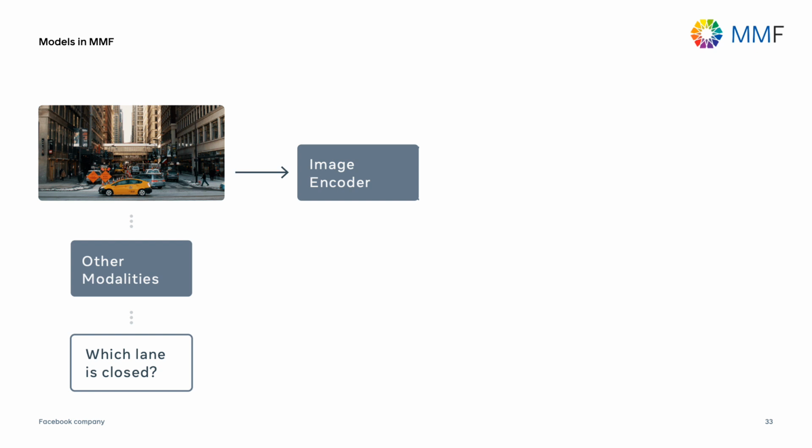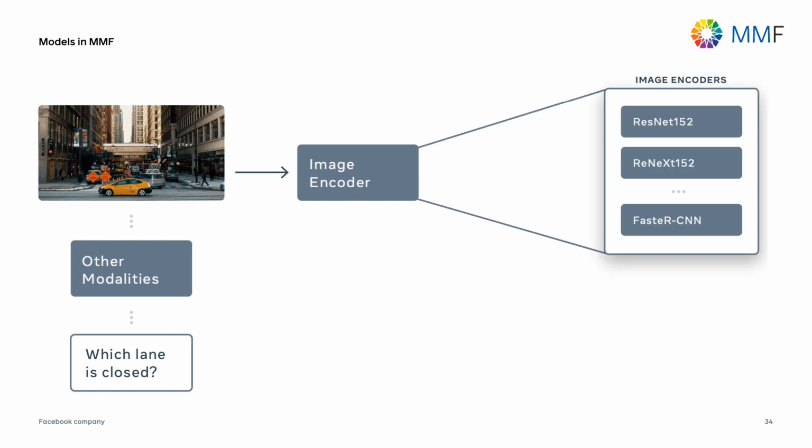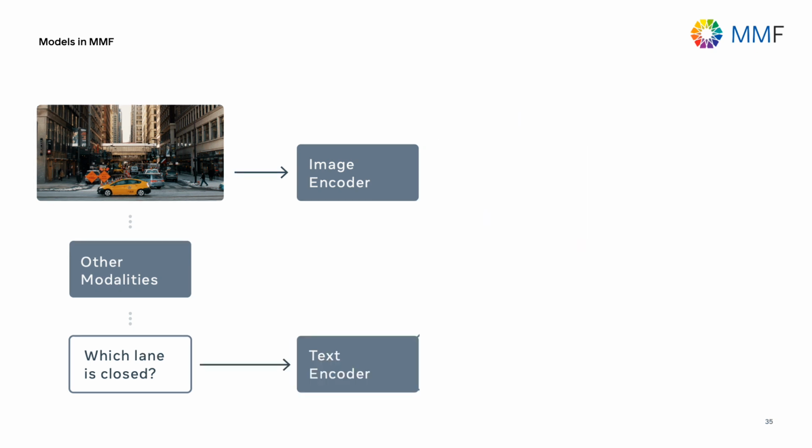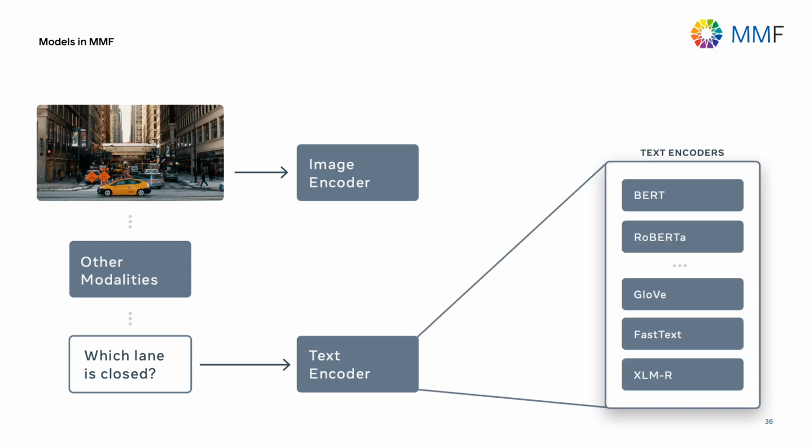The image goes through an image encoder, which can be of different types and is configurable. It can be ResNet, ResNeXt, Faster R-CNN, or something else. Similarly, for text, you have a text encoder, which can be of many types. For example, you can use BERT, RoBERTa, GloVe, FastText, LXMERT, or anything that Hugging Face Transformers provides.